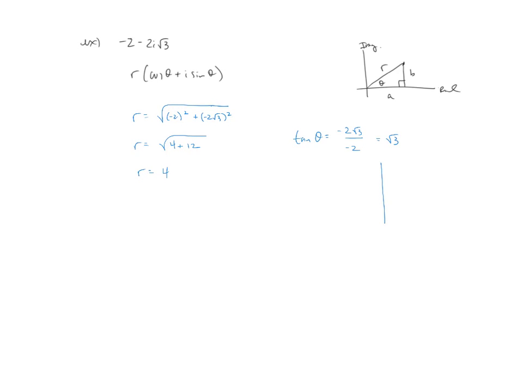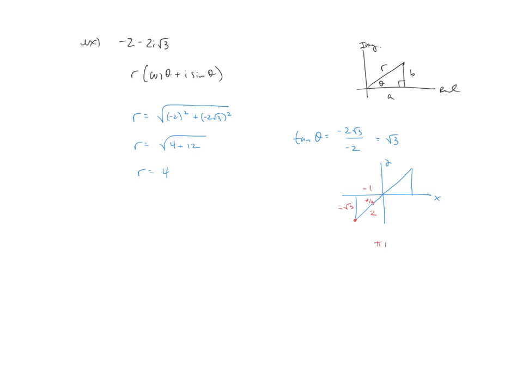And so tangent is positive in quadrants 1 and 3. And to see which one we're dealing with, again, I'll come back up here to the original, knowing that I move in the negative direction for the a and the negative direction for the b. You can see that once again we'd be down here in quadrant 3. And so for tangent, this is a special triangle, with a negative square root of 3, a negative 1, and a 2, which means our reference angle would be pi over 3.